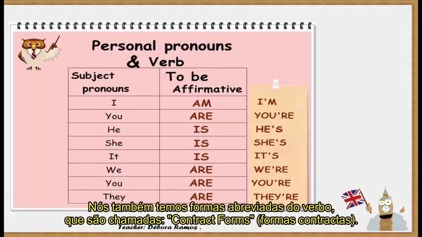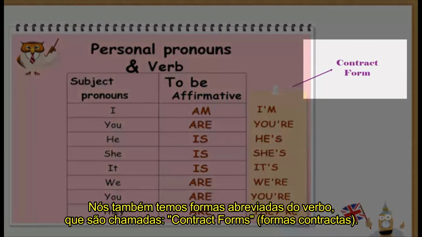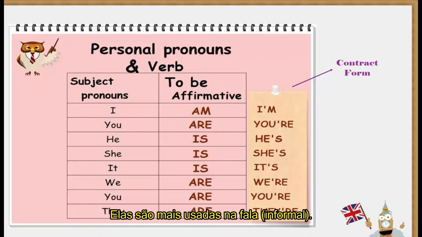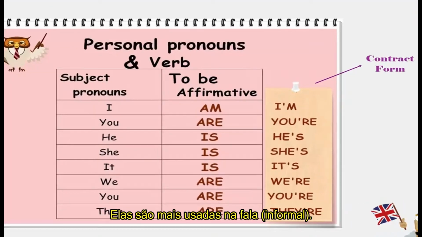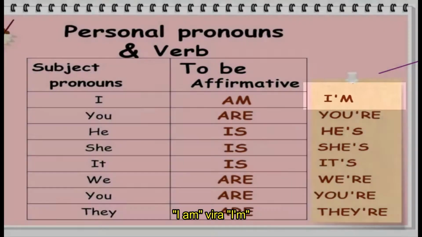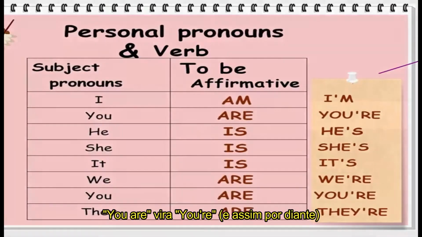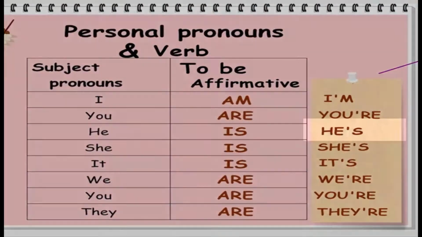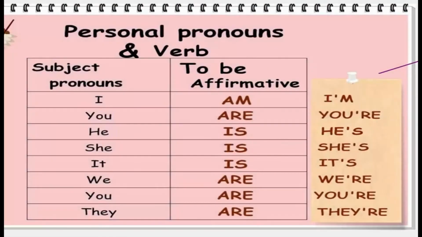We also have short forms of the verb, which are called contracted forms. They are used more in speaking. Let's take a look at them. I am becomes I'm. You are becomes you're. He is becomes he's.